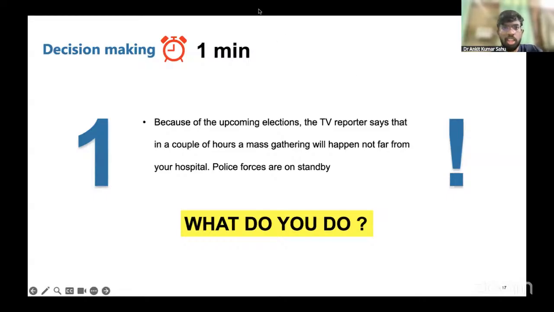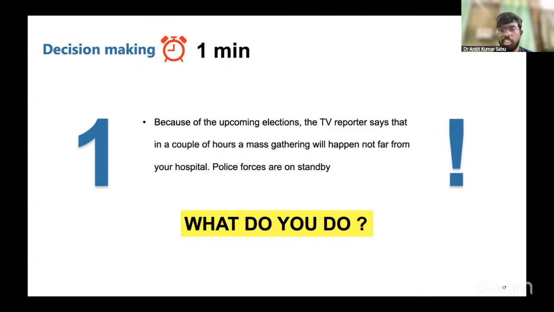So now let's start with discussing. Everyone please be attentive. We are going to discuss some case scenarios about how you are going to react if you are the incident commander. Because of the upcoming election, the TV reporter says that in a couple of hours, a mass gathering is going to happen.